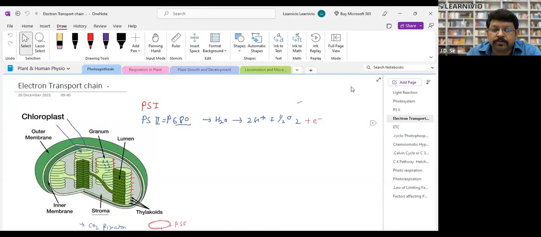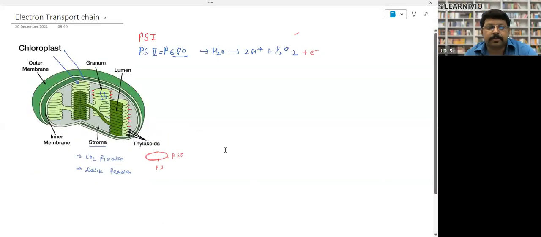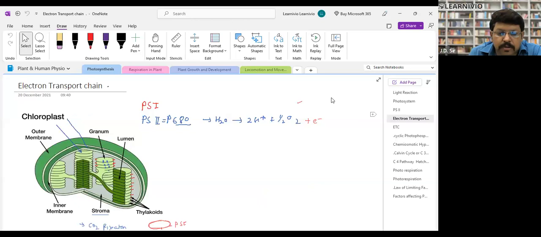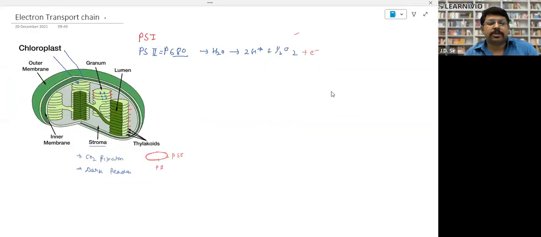Now electron transport chain. What is the ETC or electron transport? So basically, PS1 and PS2 both are responsible for carrying the electron and production of energy, right?